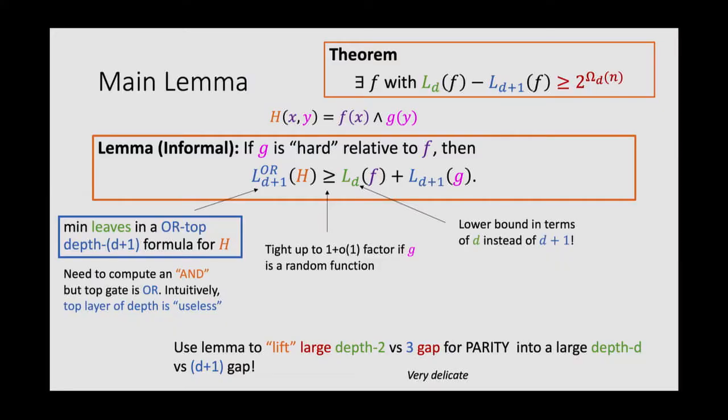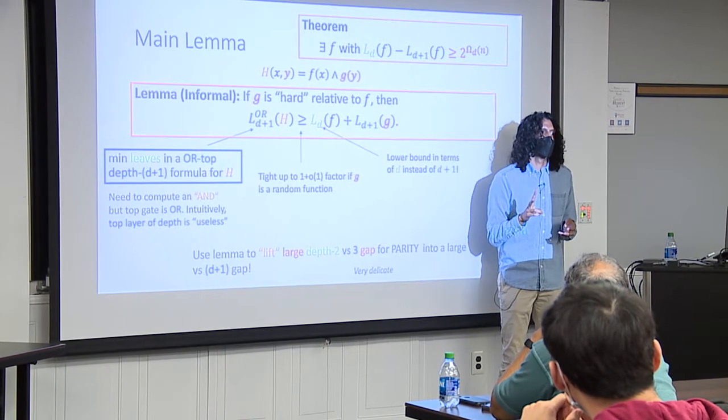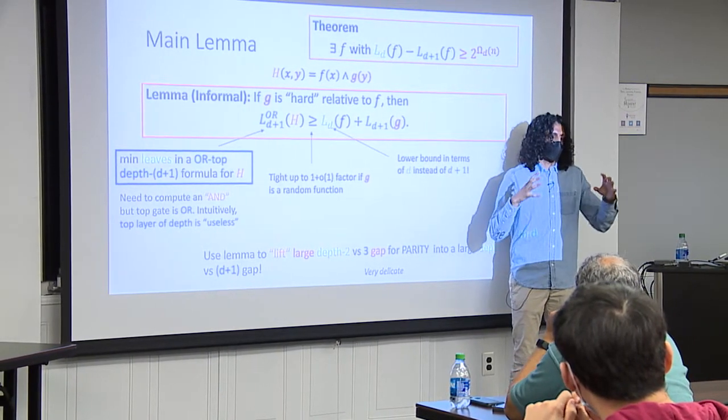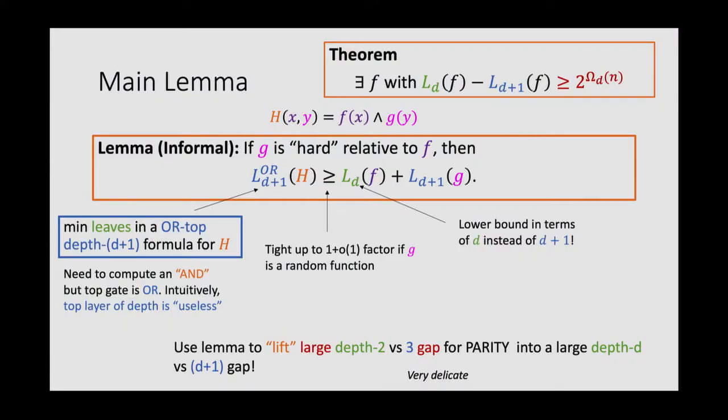So what you want is some function that looks like a random function, but has roughly optimal depth 2 formulas. Right. Okay, so that's the main lemma.